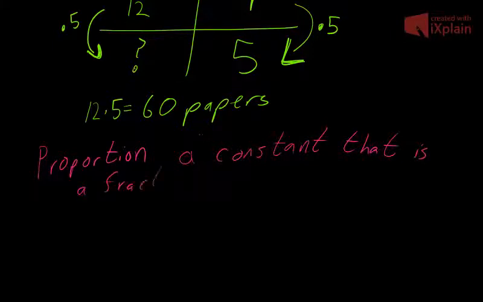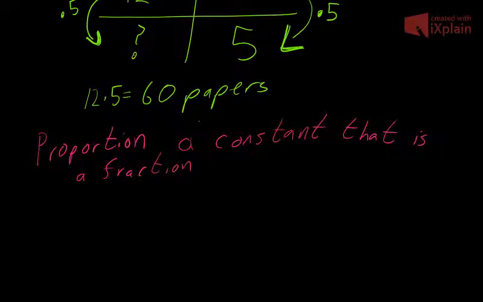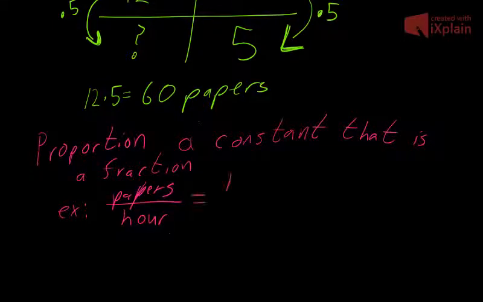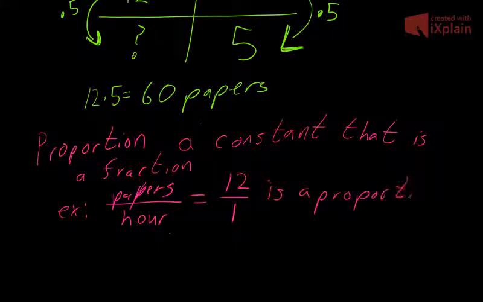So in our last problem, our newspapers per hour was always going to be 12 over 1, which is a proportion. So in this case, our proportion was 12 papers per 1 hour because it always stays the same, and because it is a fraction, it is a proportion.